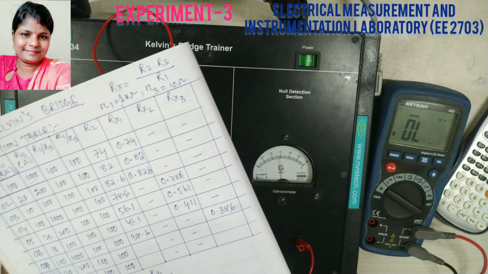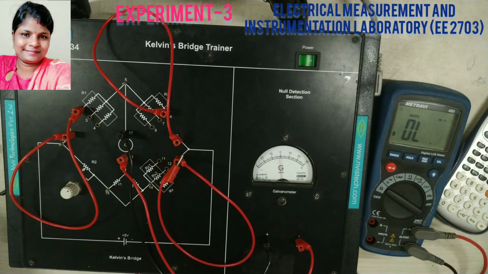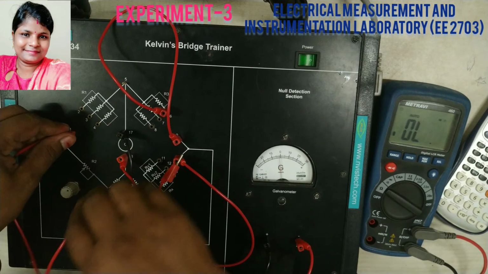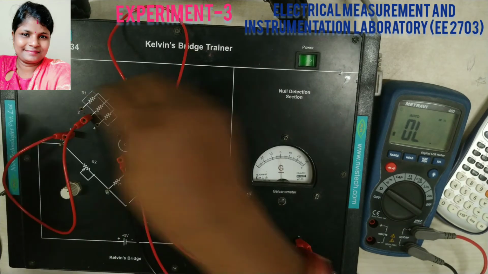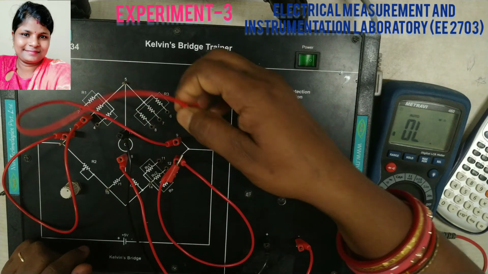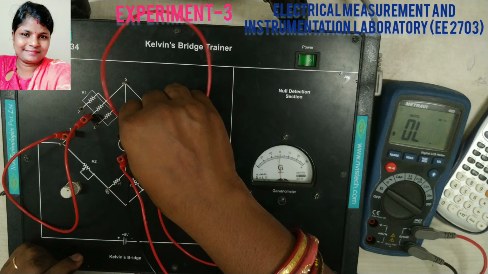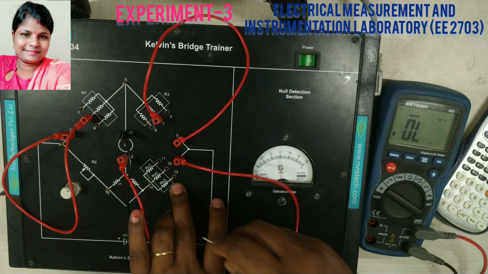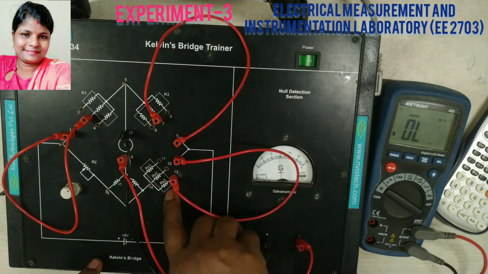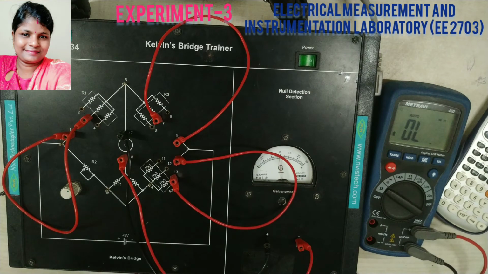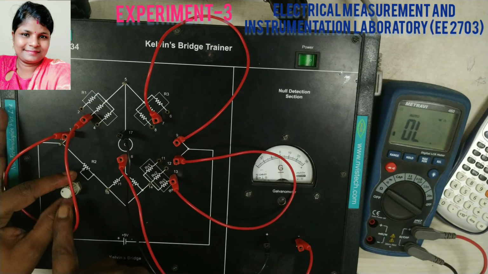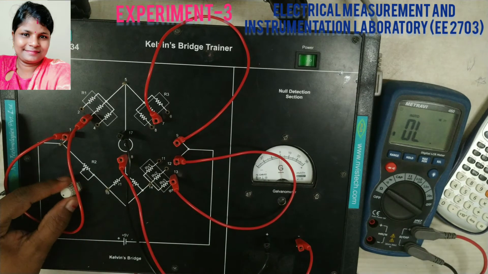So let us do for the eighth row. Change this connection from 1 to 3 and this connection from 9 to 7, and this 10 to 13 is same as before because of the calculation of Rx3, and the galvanometer and Kelvin bridge connection is same as before, and this potentiometer should be in minimum position.